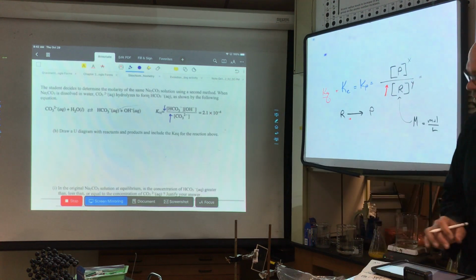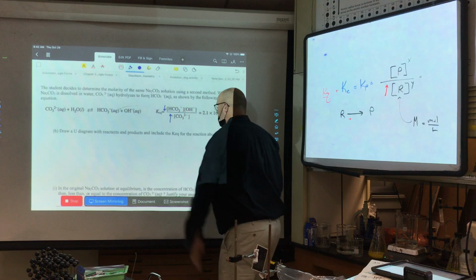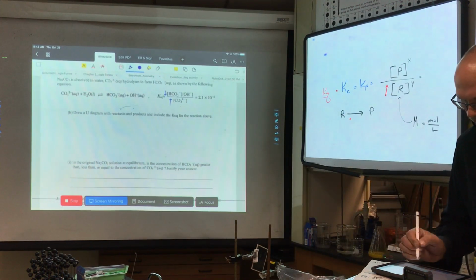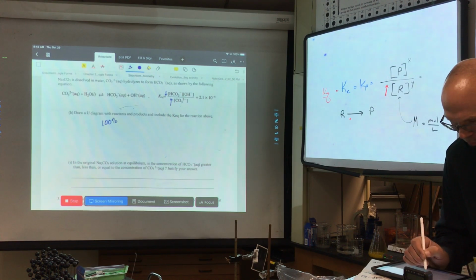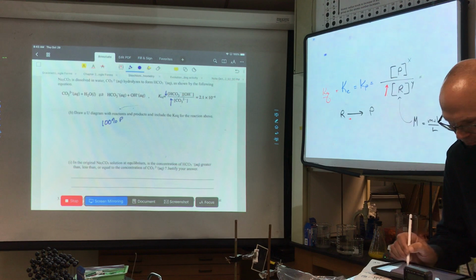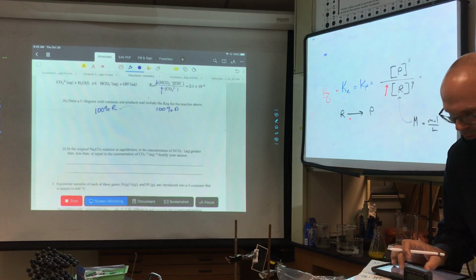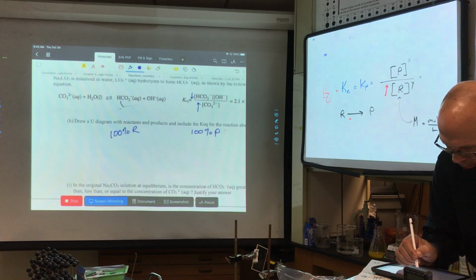Okay? So draw a U diagram, with reactants and products, and include the K. Because K is small, this is 100% reactants. This is 100% products. You don't have to draw it. We should know the products are to the right. These are the products.